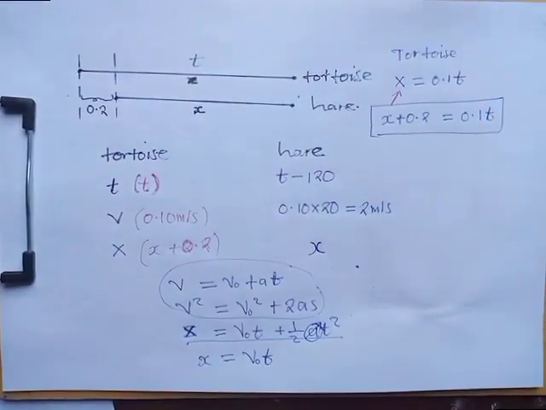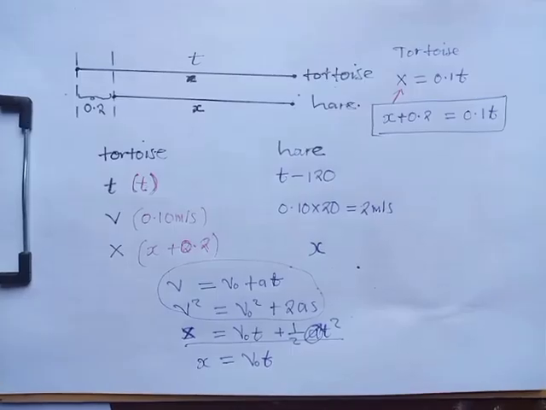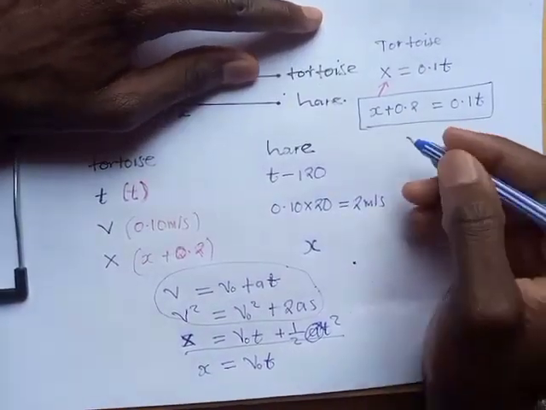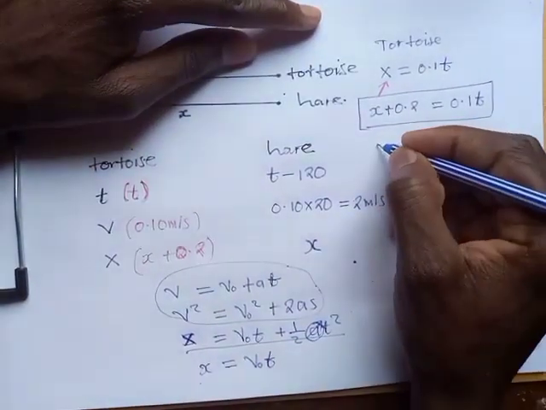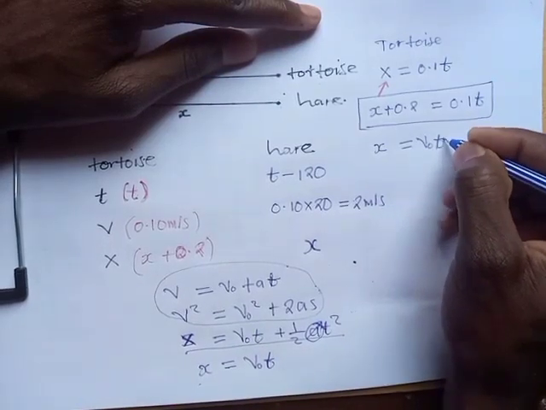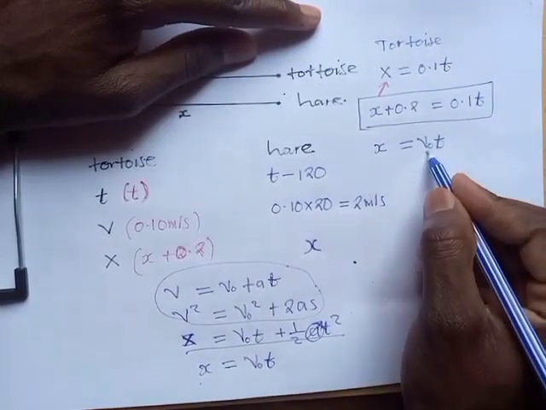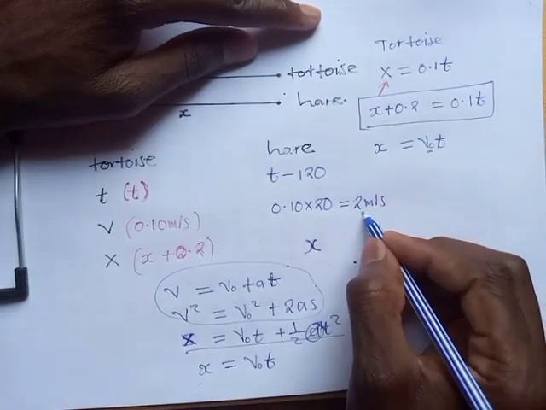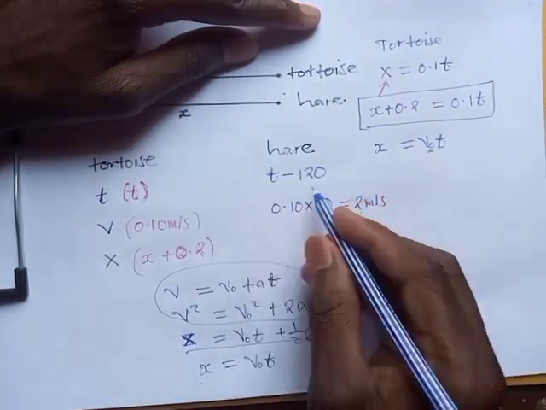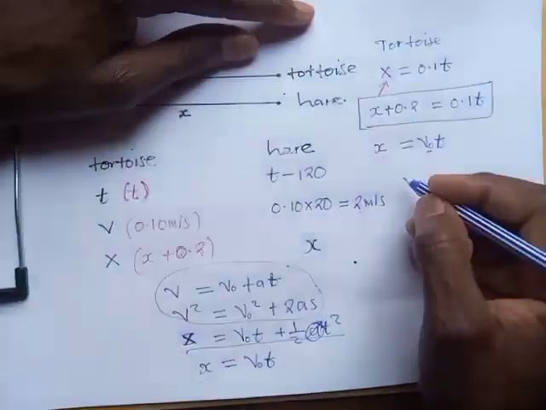Now we are going to come to the expression for the hare. I also use the same expression. I'll say x has to be equal to v initial t. What is the initial velocity for the hare? We are saying it has to be 2 meters per second. What is the displacement? It has to be x. And what is the time? It has to be t minus 120.